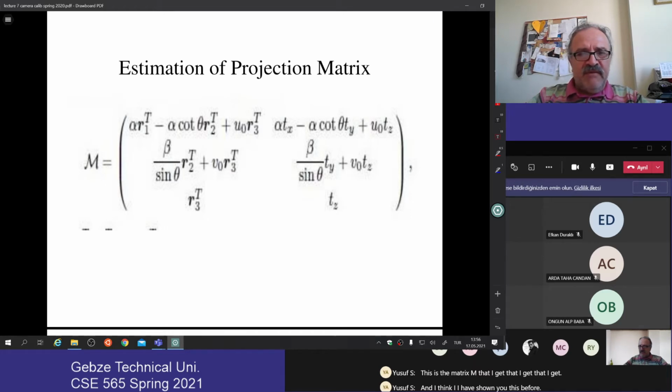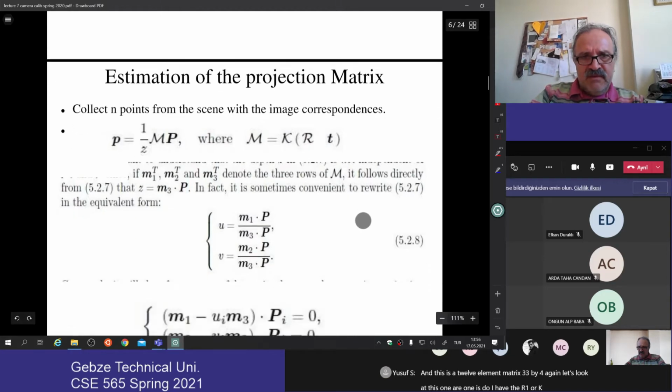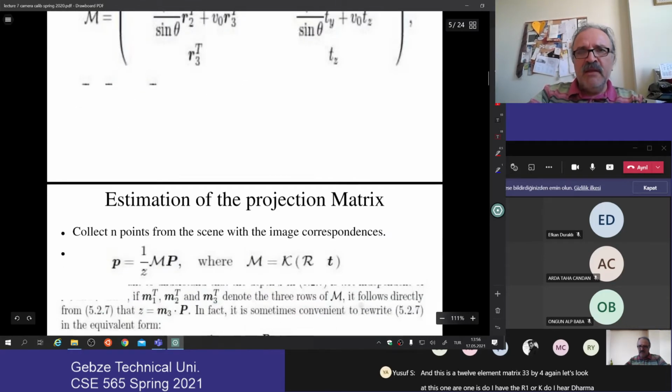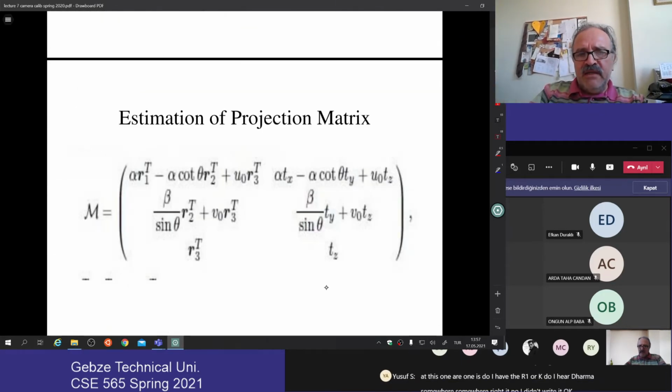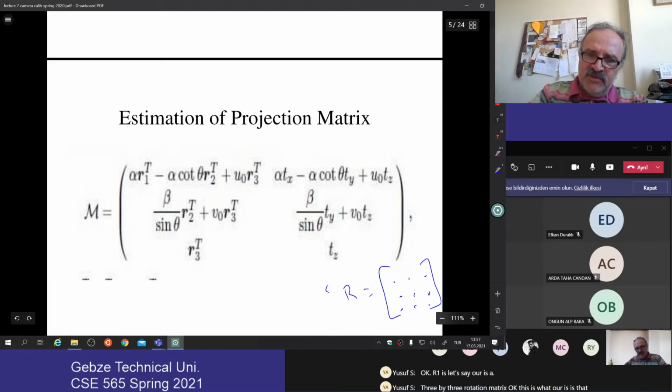This is a 12 element matrix, 3 by 4 again. Let's look at this one. R is a 3 by 3 rotation matrix.